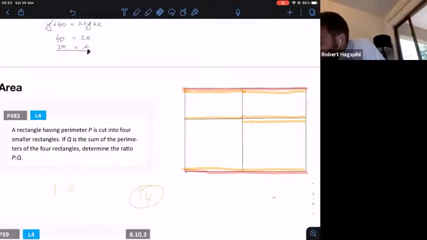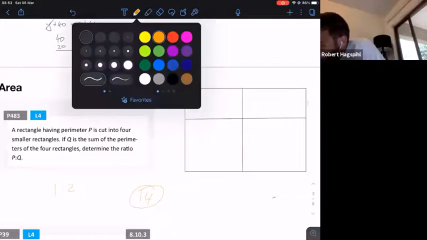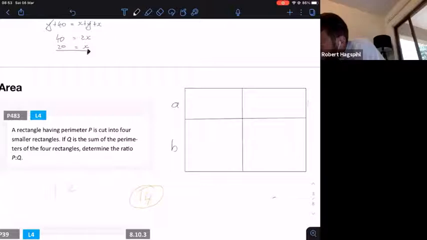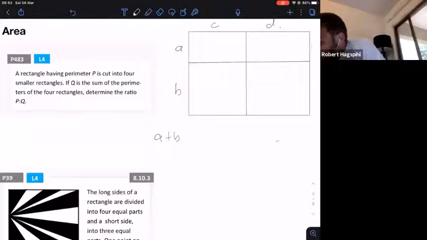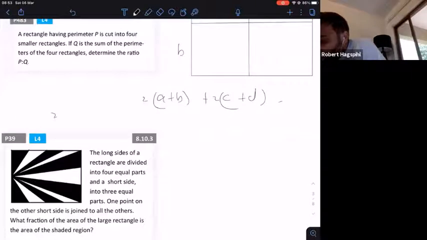If you did it algebraically, so Issa did it algebraically and he said, let me do this, A, B, C, D. Then the total perimeter is going to be A plus B times 2 plus C plus D times 2, which is just going to be 2A plus 2B plus 2C plus 2D.